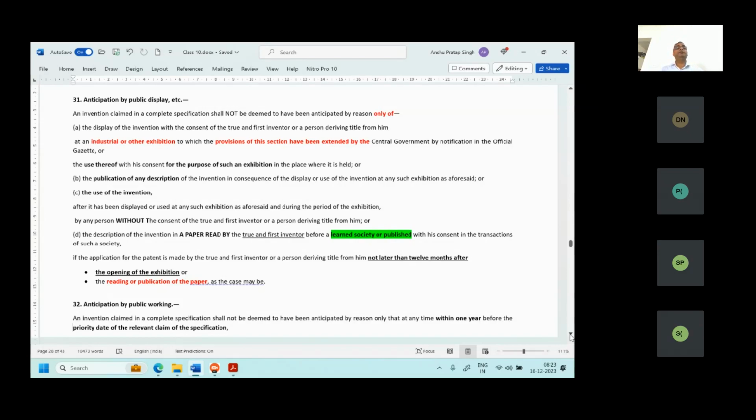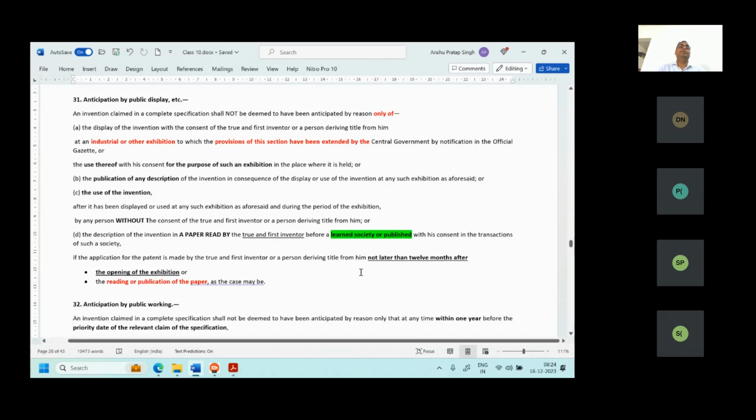Now, so anticipation says that you will get 1 year if there is an exhibition that the government has notified as a protected exhibition. If you display there, you are protected by the provisions of this section, and your invention will not be considered as being anticipated.